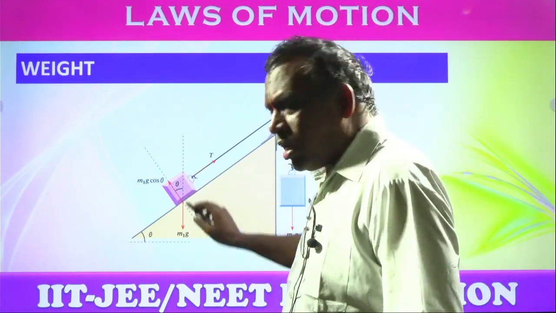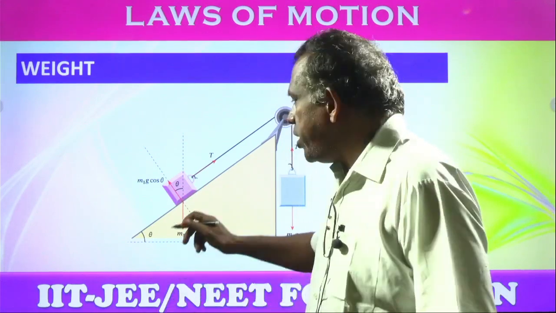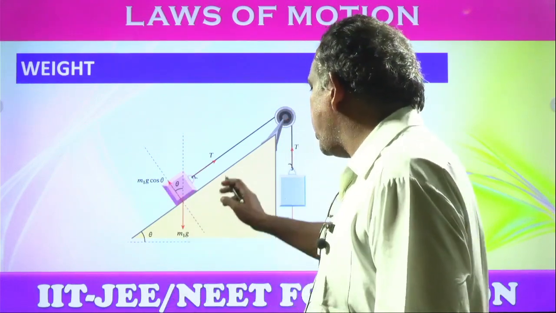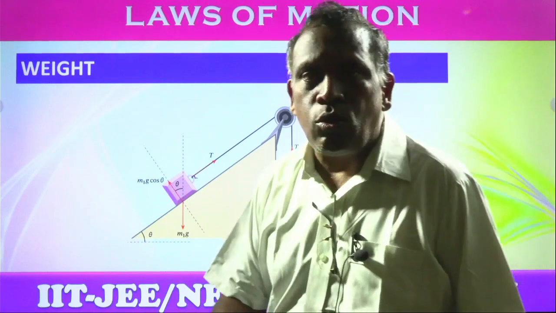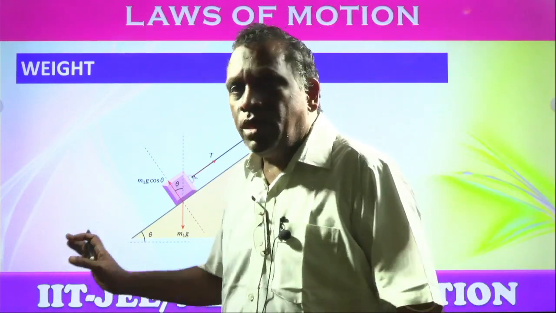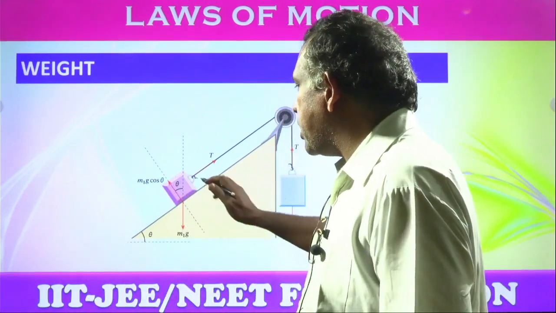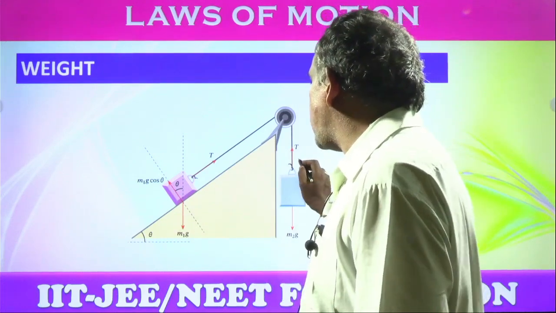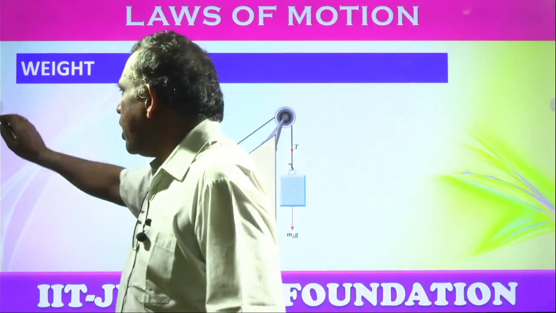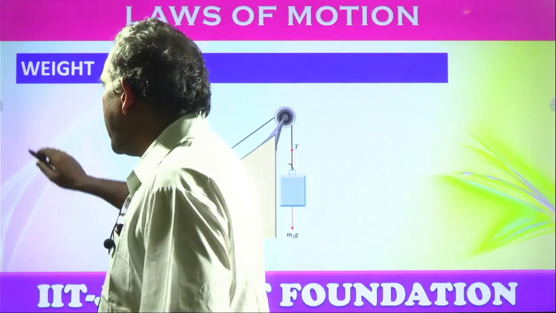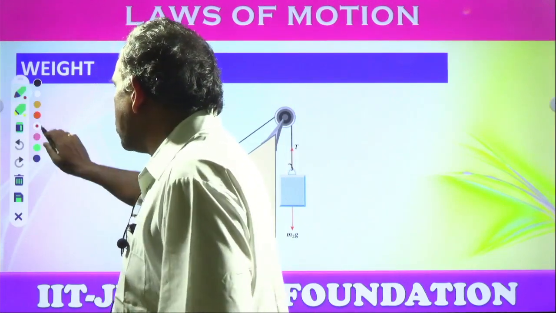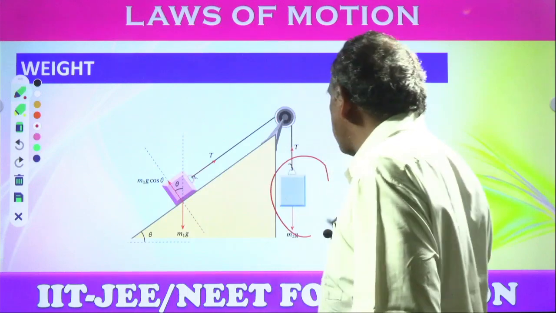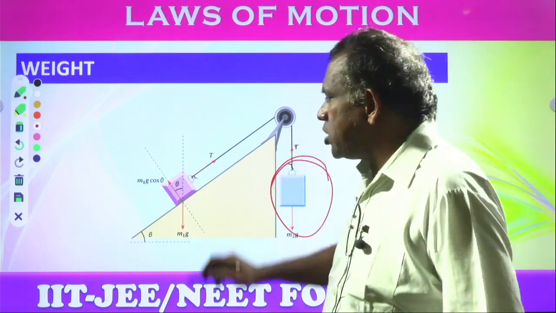There are two components, m1g cos theta and m1g sin theta. There is another force, m2g, a hanging mass. There is a tension which is balanced.